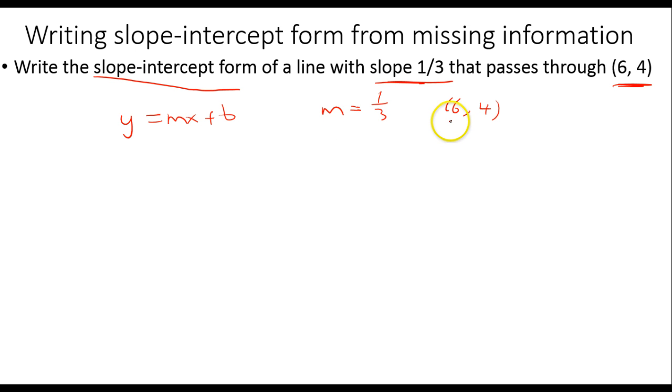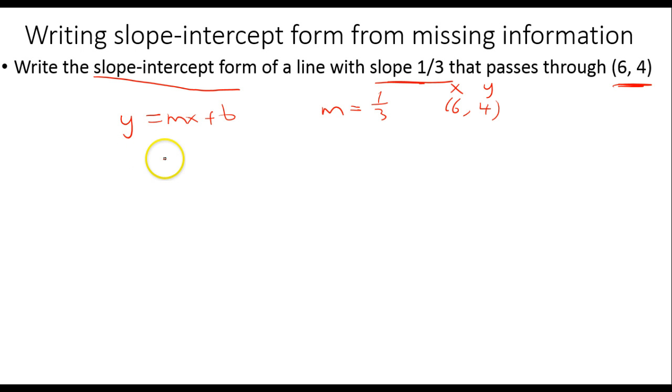The 6, 4, well, that's a coordinate. That's a point on the line, and I know that a point has an x-coordinate and a y-coordinate. X comes first, so this is my x. This is my y. So I have an m, an x, and a y. If I go back to my equation, I know slope-intercept form is y equals mx plus b, I see an m, an x, and a y. I don't have a b, but guess what?